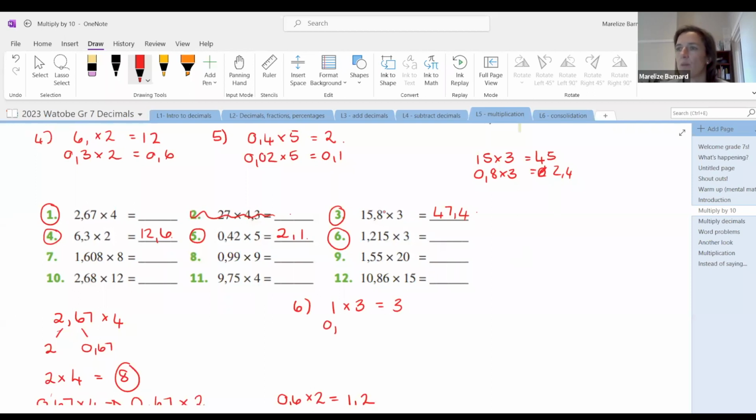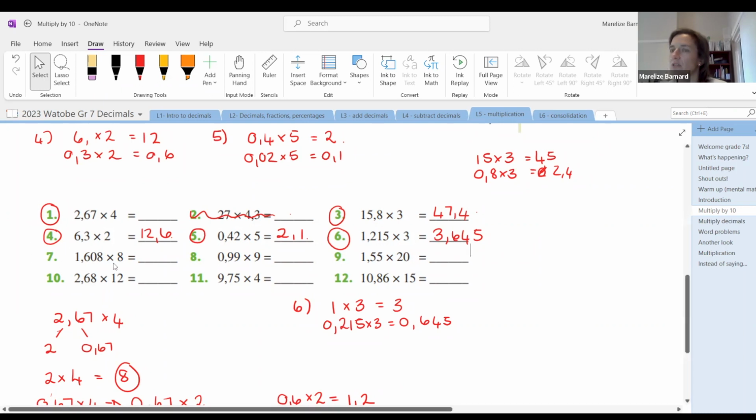And then 0.215 times 3 is 0.645. Put it back together, that's 3.645. I'm not sure where the 36 came in, guys. It was 1.215 that you had to multiply. Okay, you're welcome to take a screenshot of the rest. We are pretty much out of time.